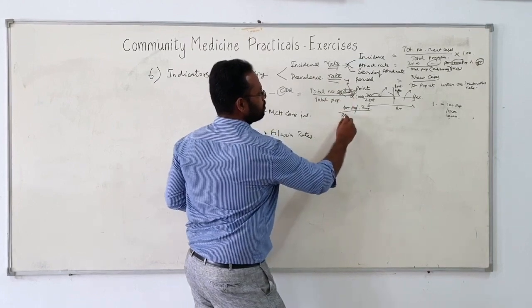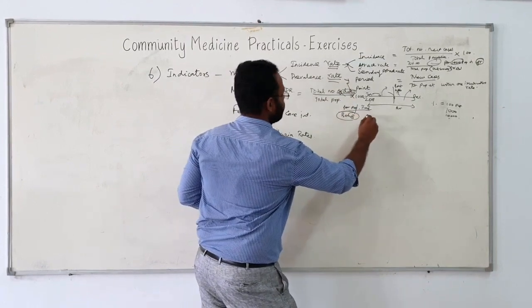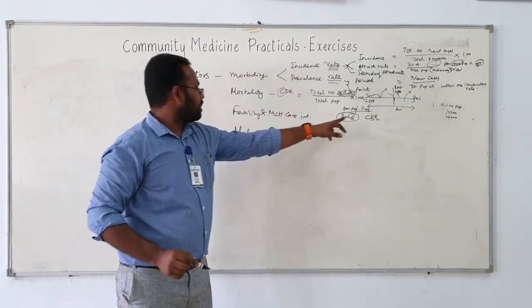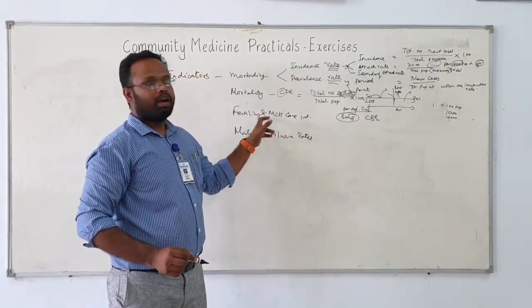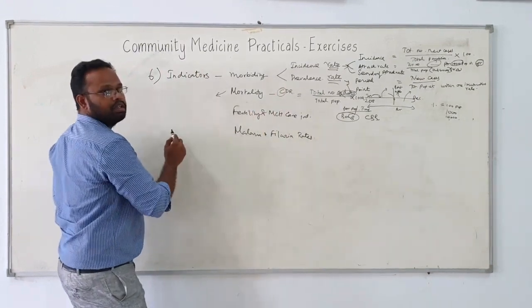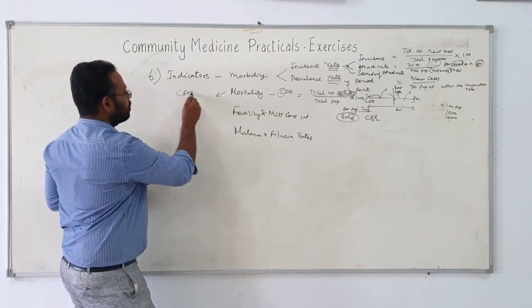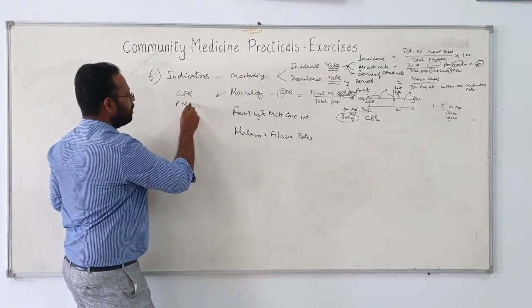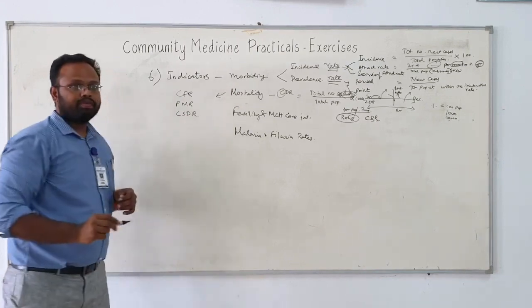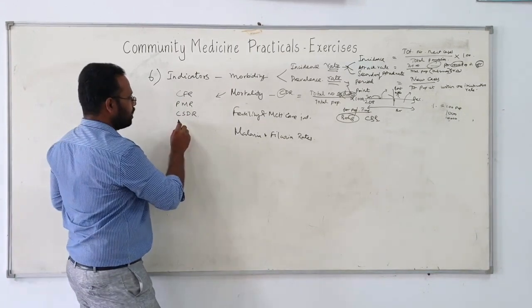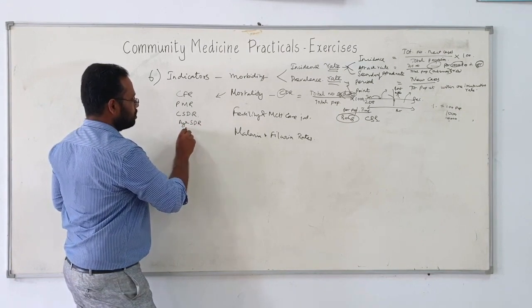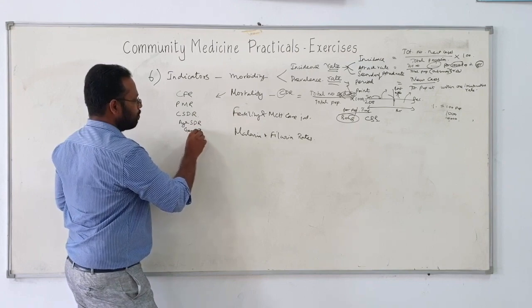So this is total number of deaths. If it is replaced with births, then that is called crude birth rate. Crude birth rate is an indicator of fertility. What are the other indicators of mortality? You have case fatality rate, proportional mortality rate, cause-specific death rate, age-specific death rate, gender-specific death rate, and so on.